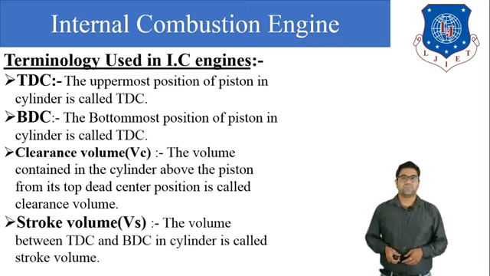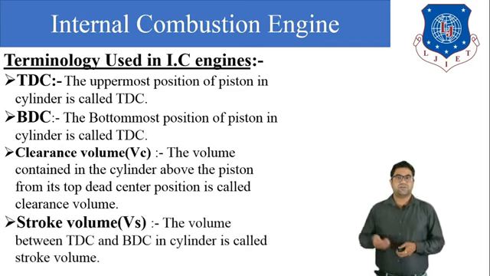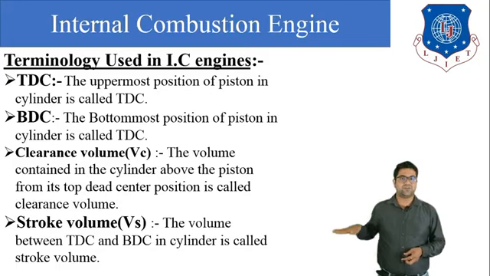Next is the stroke volume. Now what is the meaning of stroke volume? We know the piston will travel from the top dead center to the bottom dead center of the cylinder. So the volume between the top dead center and the bottom dead center is known as the stroke volume.